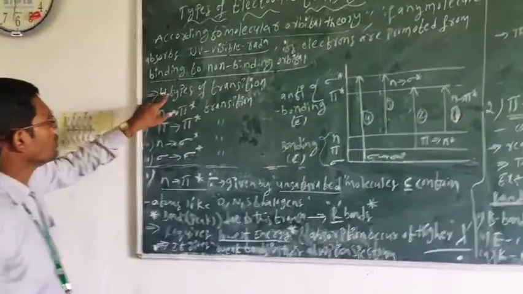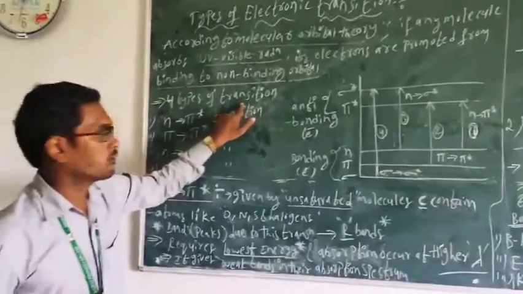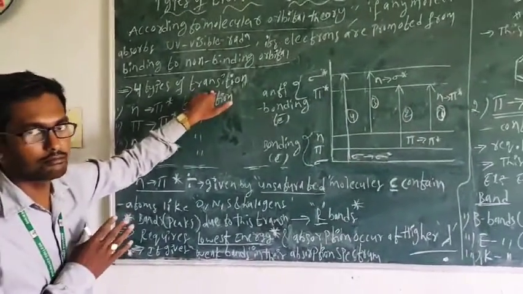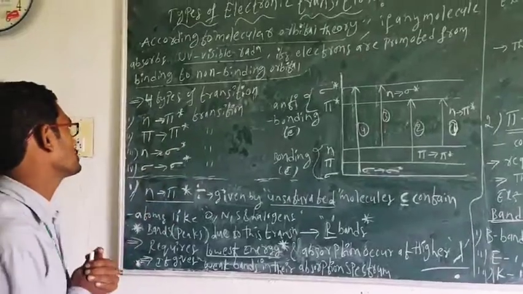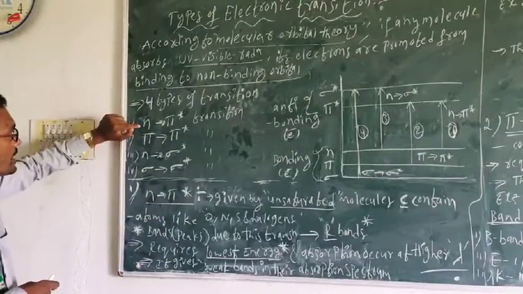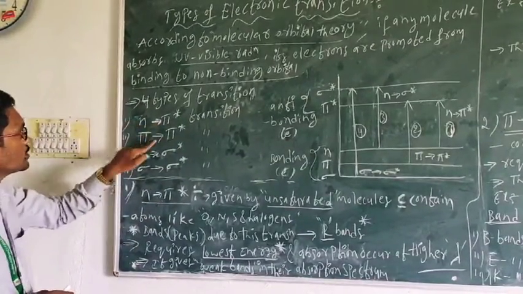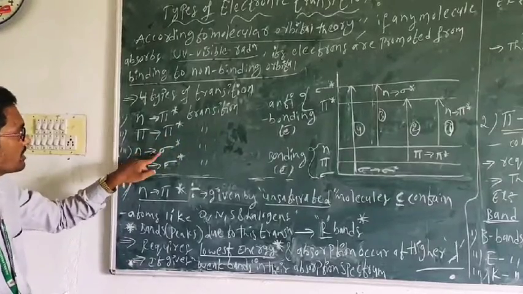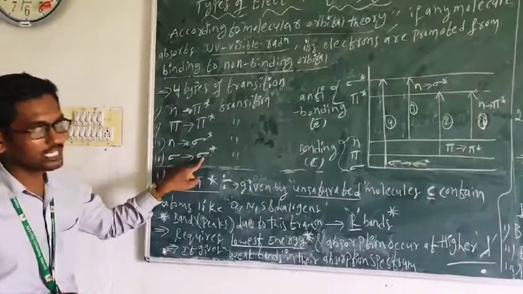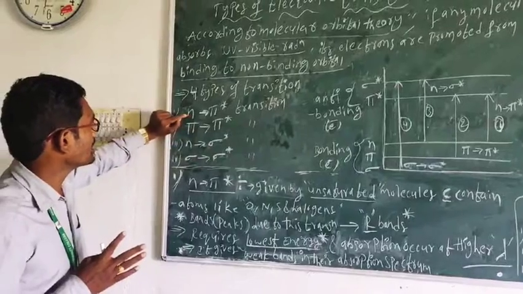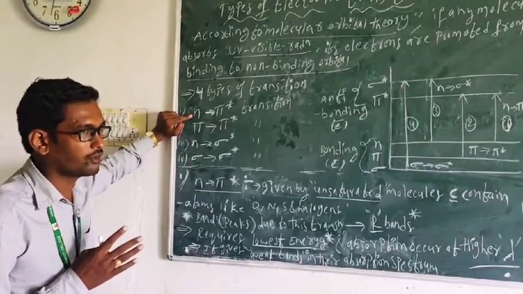Actually, 4 types of electron transition are possible. What are those? n to pi star transition, pi to pi star transition, n to sigma star transition, and sigma to sigma star transition. Here n is non-bonded electrons, or lone pair of electrons.